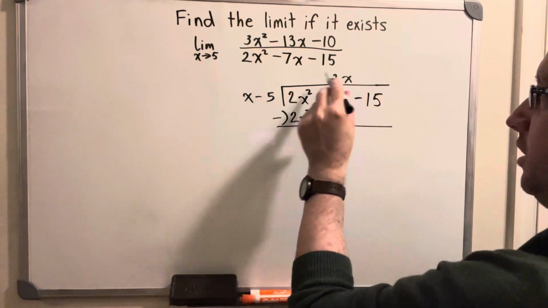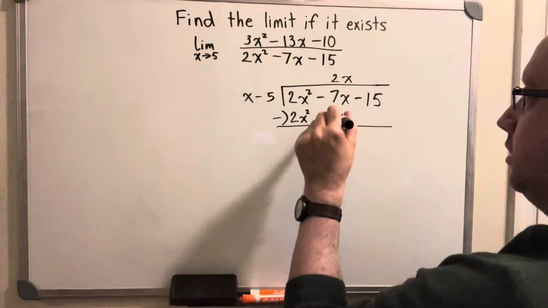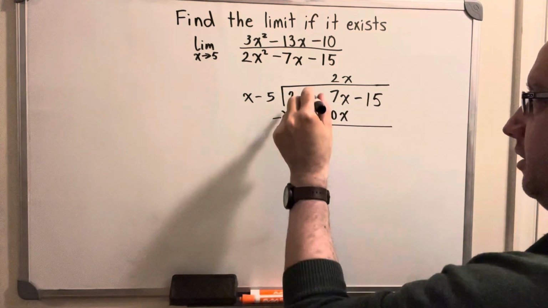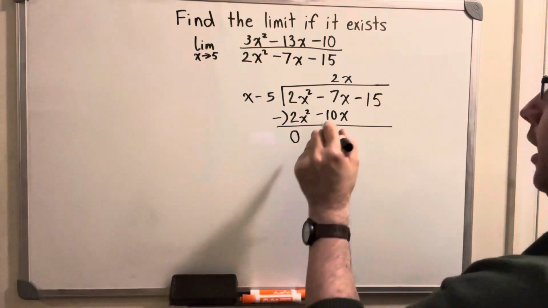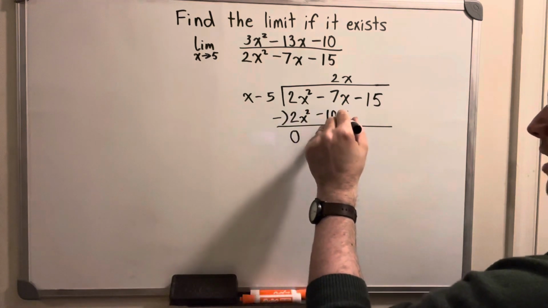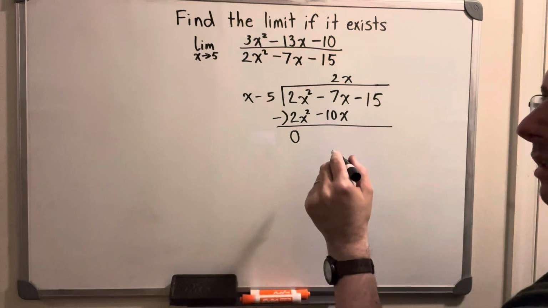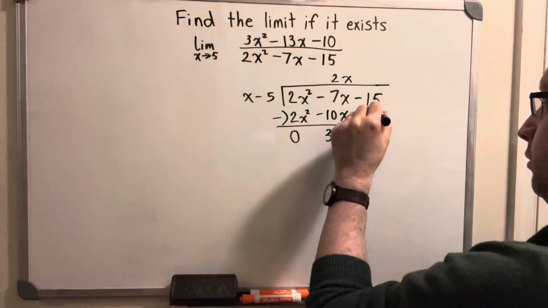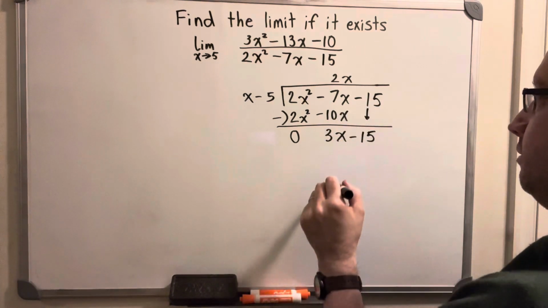Now, 2x times minus 5 is minus 10x. 2x squared minus 2x squared is 0. Minus 7x minus 10x is minus 7 plus 10, is 3x. And then we drop down the minus 15.